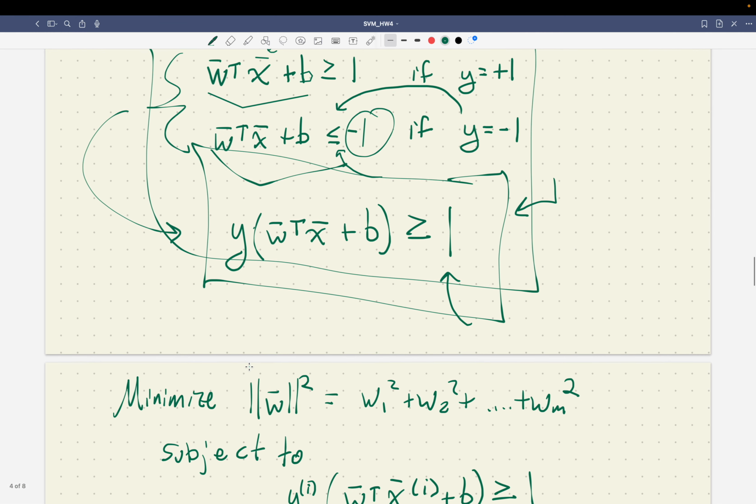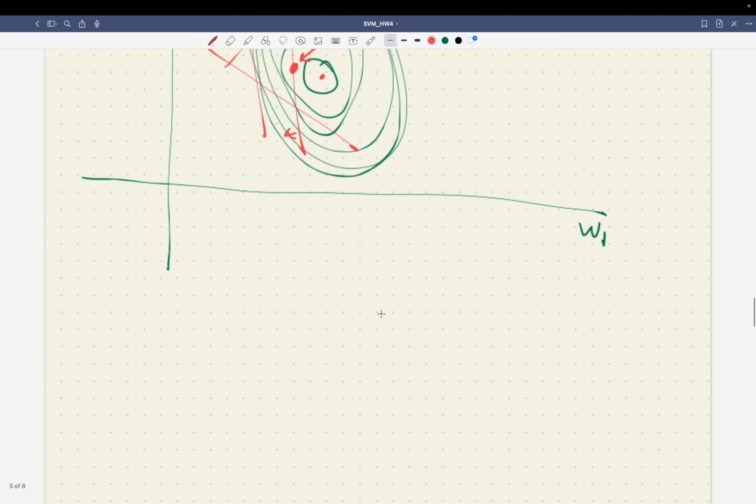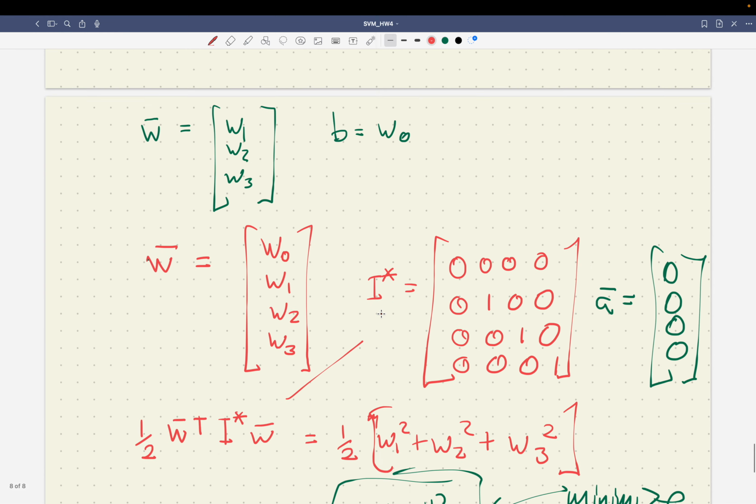So the constraints look like this, okay? If the bias is built into W, then this is just the same thing as W transpose X, if the bias is built into X and W, and that is greater than or equal to 1. Okay, so now let's come back down and look at this.